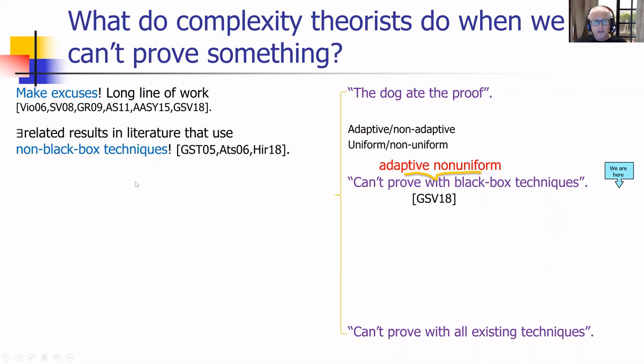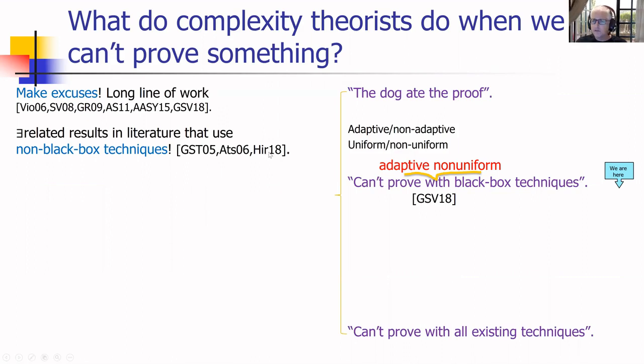The problem is that there are related results in the literature, not Yao's XOR lemma, but related results to hardness amplification, that do use non-black box techniques. This is starting from a joint paper with Gutfreund and Tashma from 2005, but perhaps the most famous example is a recent work by Hirahara, which gave a worst case to average case reduction for NP.